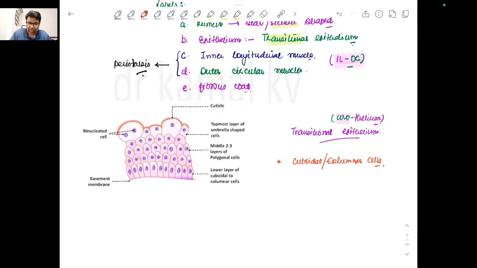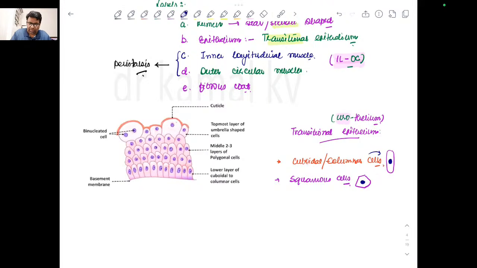Few cells look like cuboidal or columnar. Then there are few cells which look like squamous cells. So we have both kinds of cells, either cuboidal or columnar. Now for columnar, this is a columnar cell where the length or the height is more than the breadth. This is columnar, okay? And squamous, they can be something like this. So this is a squamous cell.